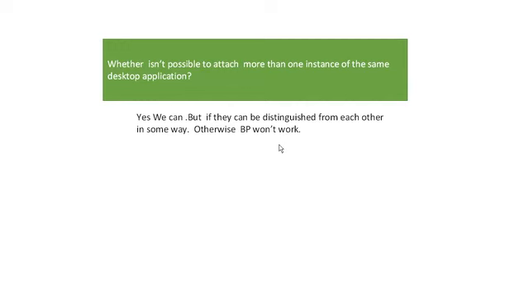But if you want to attach more than one instance in the same resource, you have to distinguish each one in some other way, which means name, window title, or attributes. This kind of distinction has to be given properly before attaching more than one instance.